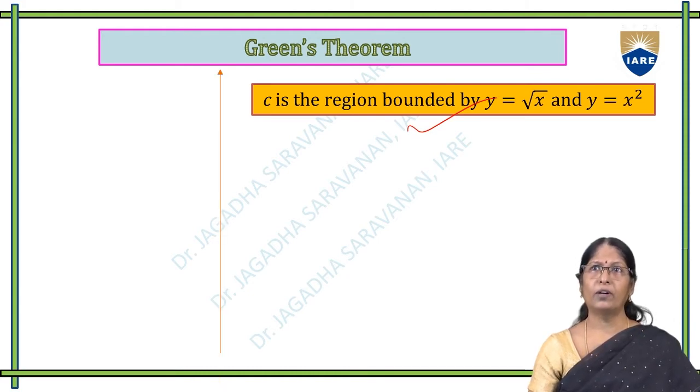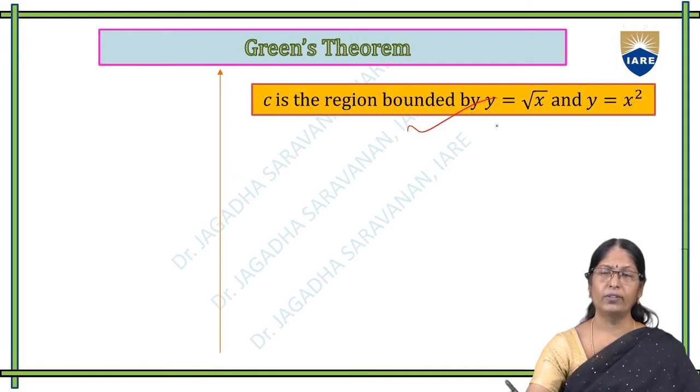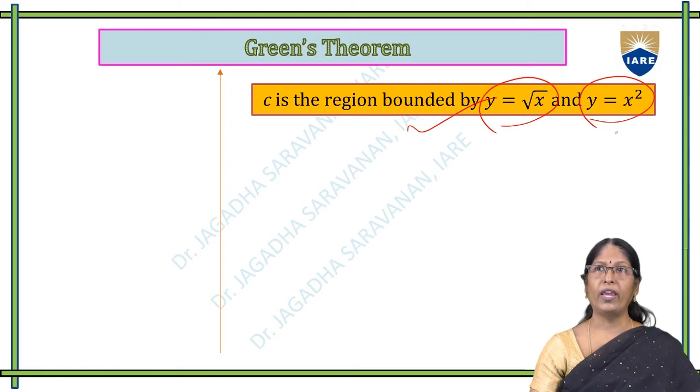Looking at the bounded region condition, we are going to draw the diagram. Two curves are given in the question: one is y equal to root x, another one is y equal to x square.